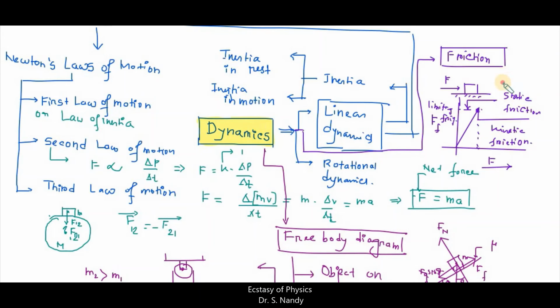The coefficient of friction is a dimensionless quantity, and it is the ratio of the frictional force to the normal reaction. If the object is at rest, it is the coefficient of static friction. If it is in motion, it is the coefficient of kinetic friction.